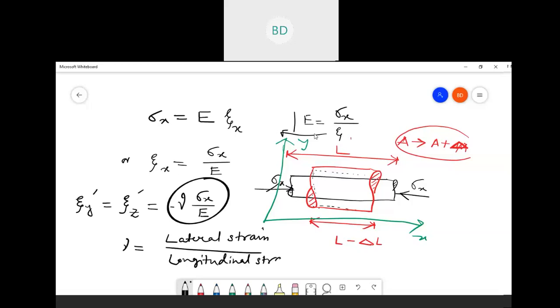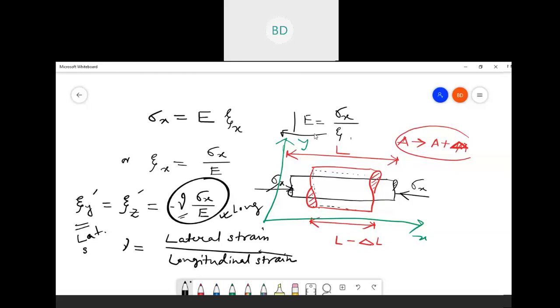Look here. This is your lateral strain, and this is your longitudinal strain. So definitely, if you divide it with your longitudinal strain, you will get your nu. Is it clear or not? That minus sign you forget about now. Is it clear?